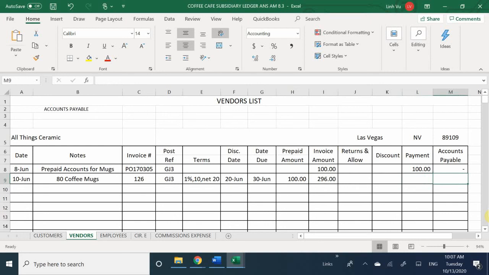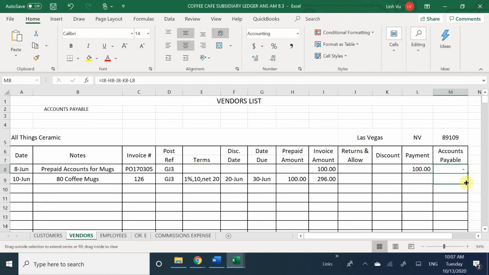Yeah, you did the 100. No, the down payment was from above, the transaction from above. Did we pay anything as of June 10th? No, we didn't.